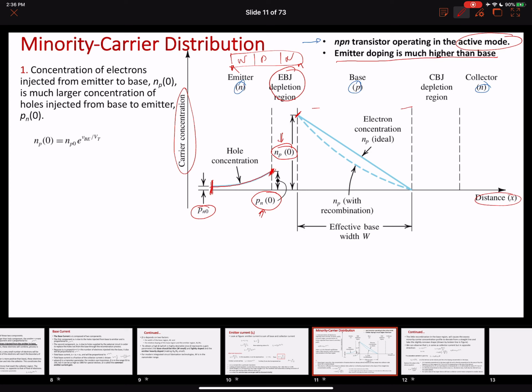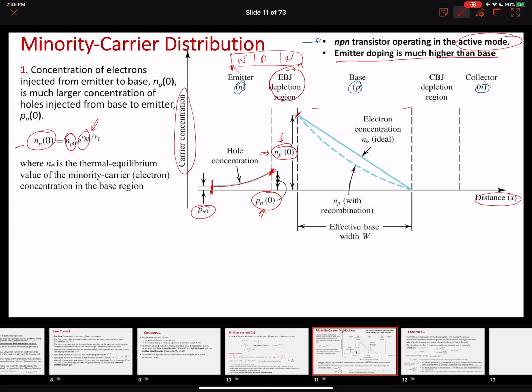This n_p, the concentration of electrons injected from emitter to the base region when the emitter base junction is forward biased, is proportional to e to the power VBE over VT. We know it is proportional to the biasing voltage and the thermal voltage, of course. And it is also proportional to n_p0, which is the thermal equilibrium value of the minority charge carriers, electrons, in the base region.